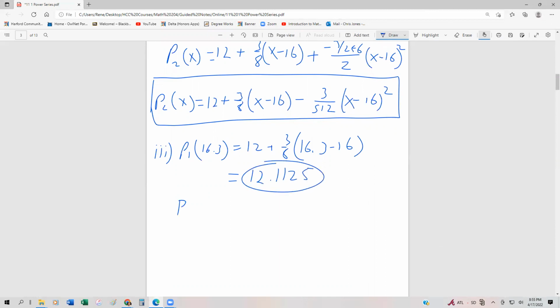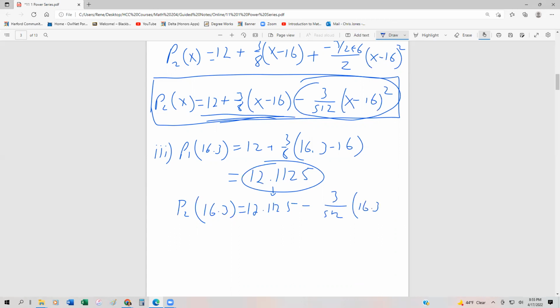Now, P sub 2 of 16.3, that's going to be the exact same thing that we just got, except now we're going to have this term that we throw in. So the good news is we can just use the 12.1125 minus 3 over 512 times 16.3 minus 16 squared. And so all we're going to do is just throw that into our calculator.